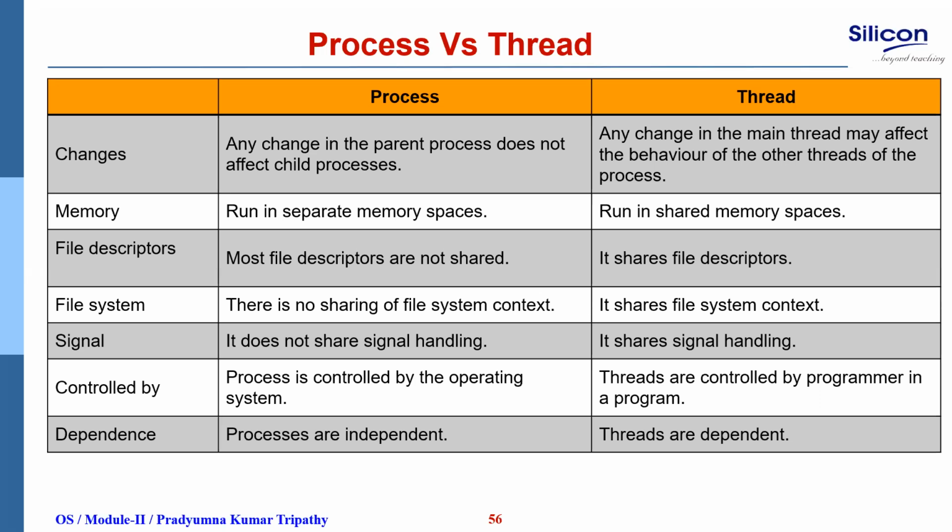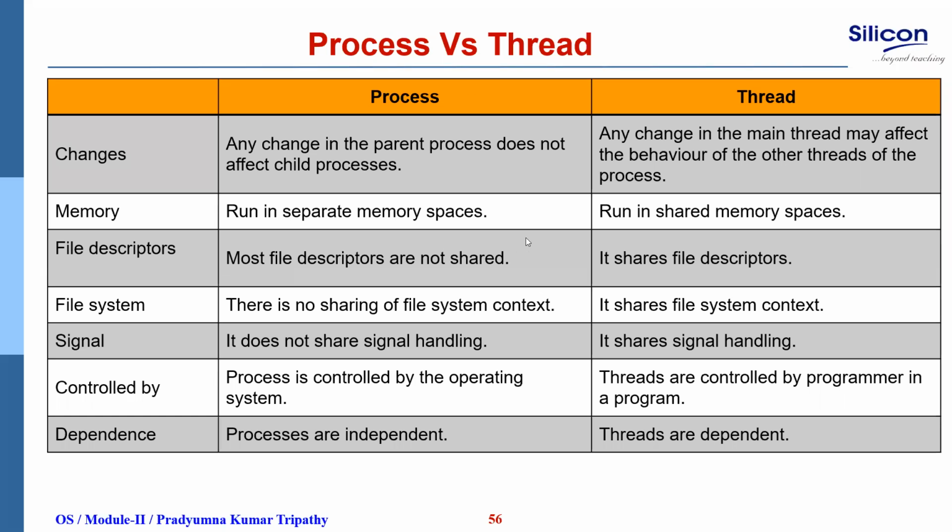If a file is to be used by multiple threads, the file descriptor is also shared by all the threads, so that every thread can have access to that file. For the file system, there is no sharing of file system context in process management, but in threads they do share the same files.